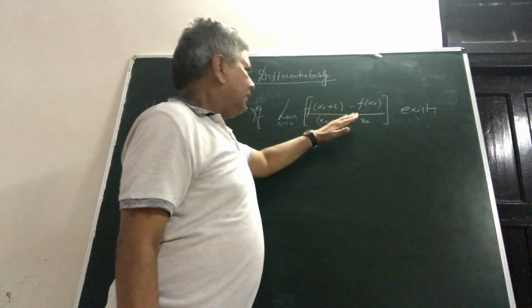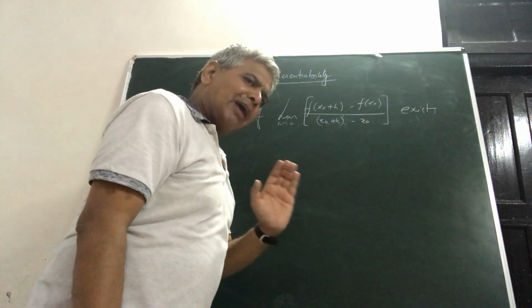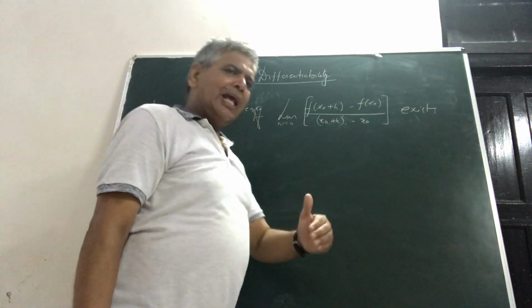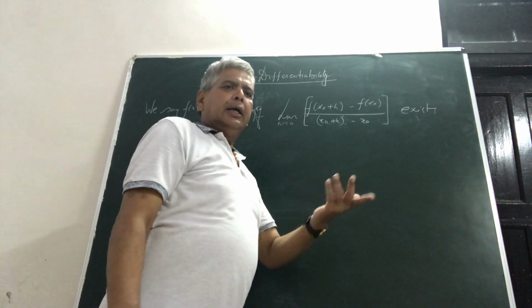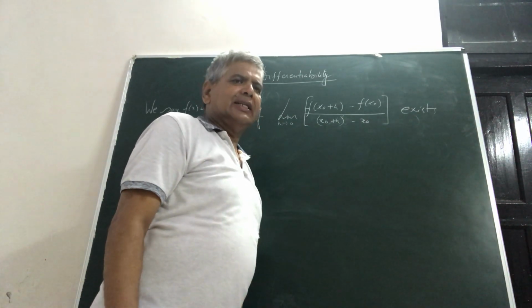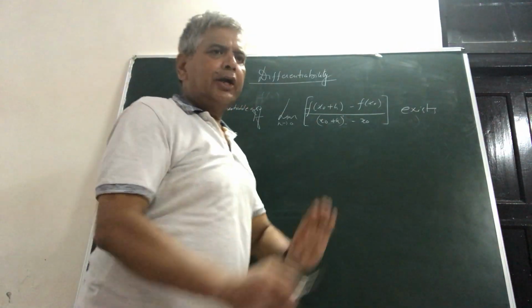So the denominator is giving you the change in the value of the variable. The numerator gives the change in the value of the function when the variable changes from one numerical value to another. Okay, and then you are dividing it. So what is it giving you?